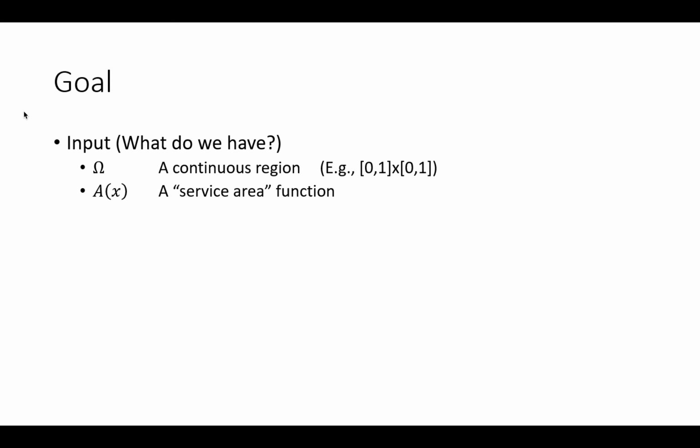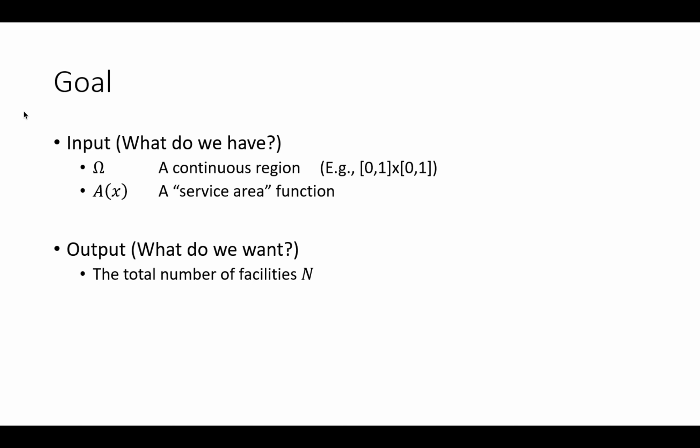That is, for a different point x, we have a different target service area. And finally, we want to establish many locations on the region such that each of them is allocated a service area which is close to A of x given by our CA solution. And right now, we assume this A of x is given.